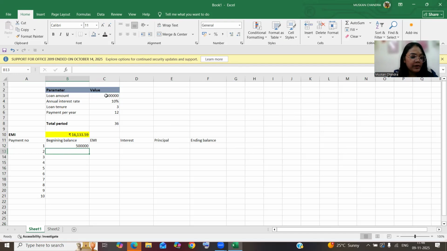So payment number is 1, and beginning balance is the loan amount. EMI is fixed at 16,133.59, which we just calculated. So EMI will be fixed for all the years.